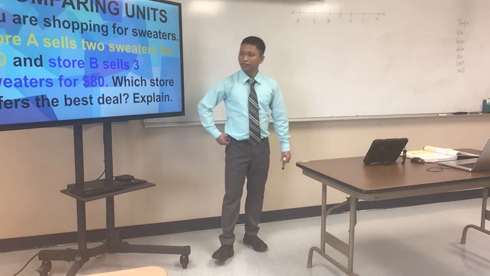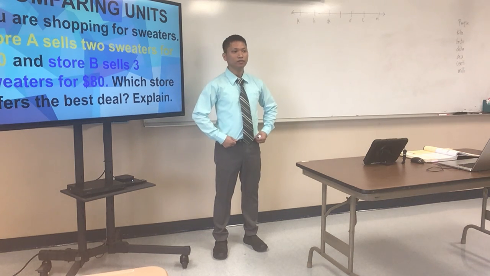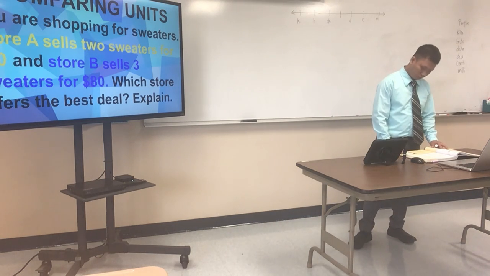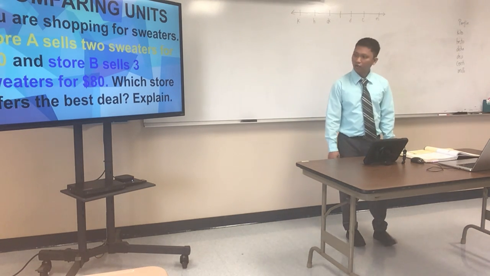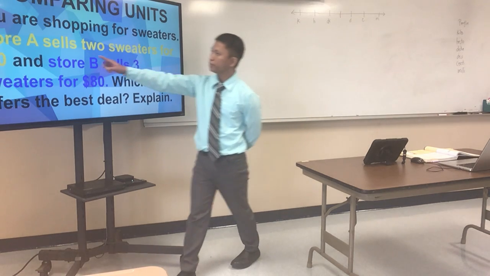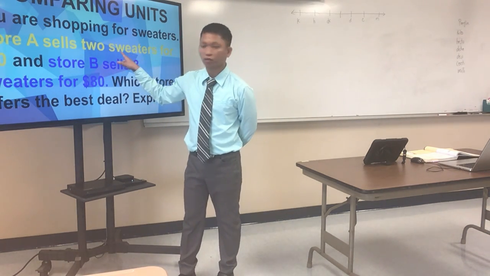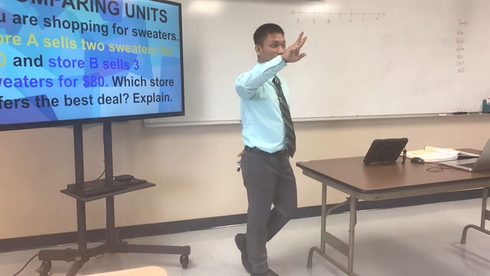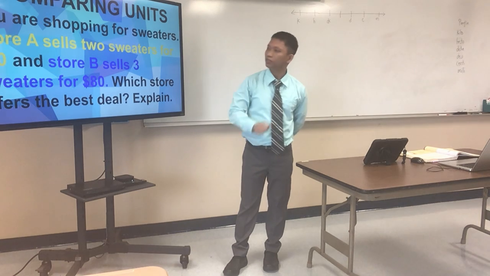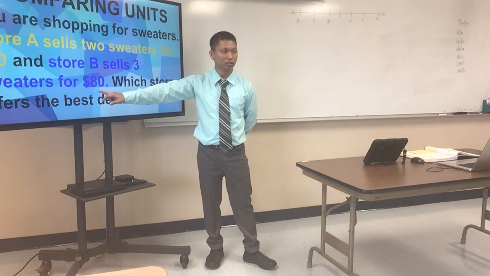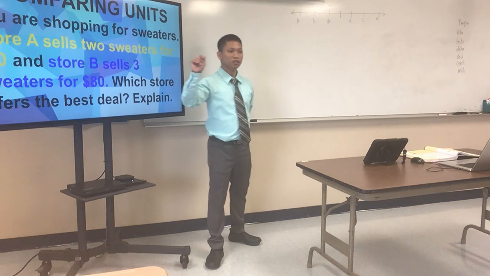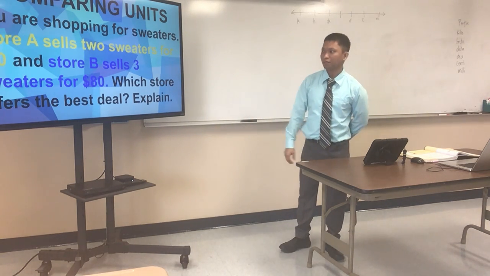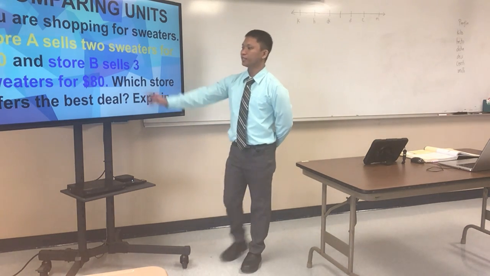That'll be $30 for one sweater for store A. So you just divide 60 by 2, that's $30. And store B, we have $80 divided by 3, so what's the answer? 26.6. Okay, so which store has the best offer here? Store B. Very good, that's store B. So you just divide.